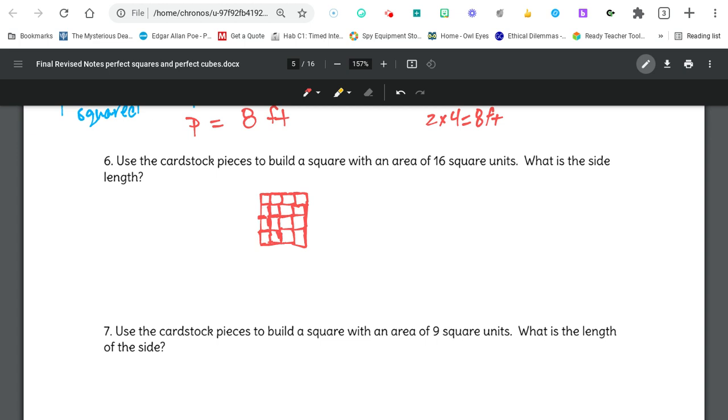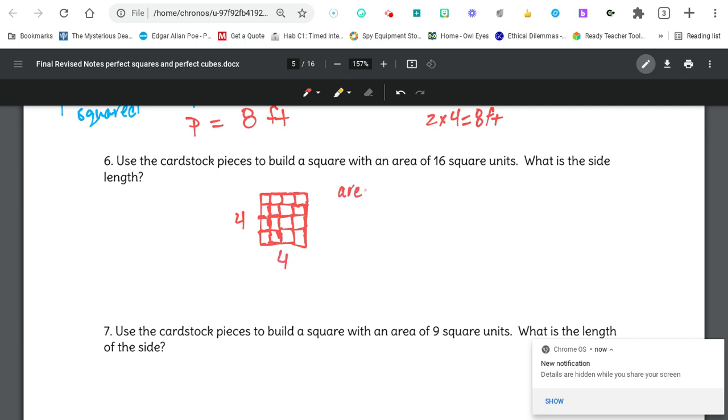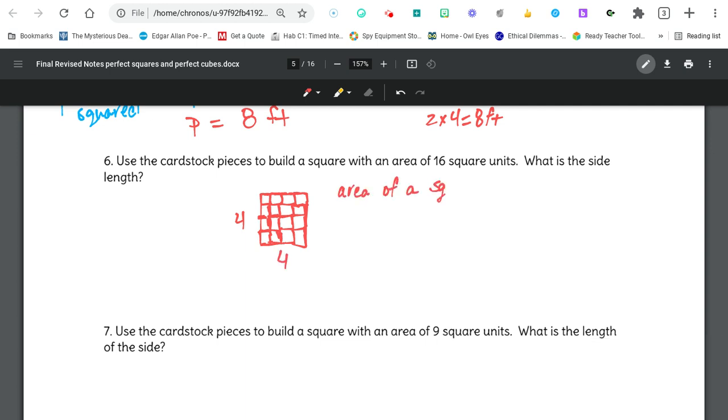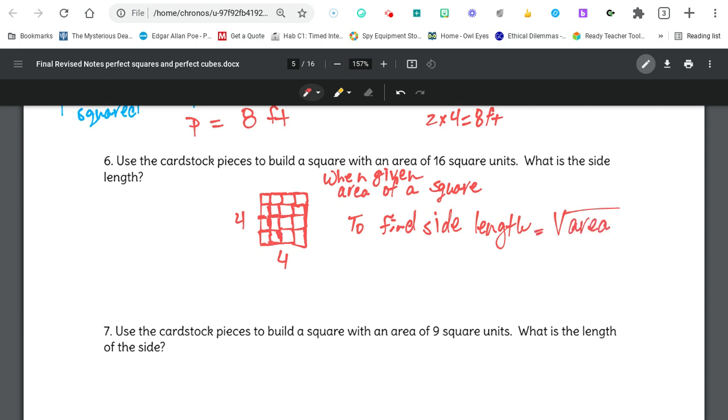So there's an area of 16, but it should help you to see that this is 4x4. But if you have the area of a square and want to find the side length, you simply take the square root of the area, okay?